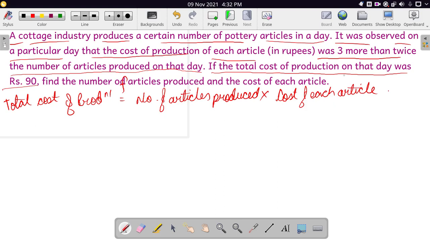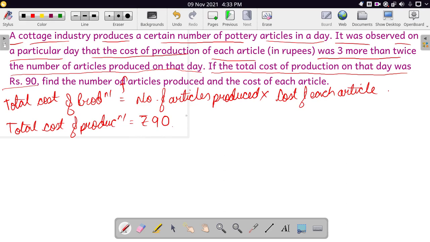Now, total cost of production is ₹90. It is given to be 90, and the cost of production of each article was 3 more than twice the number of articles produced on that day.